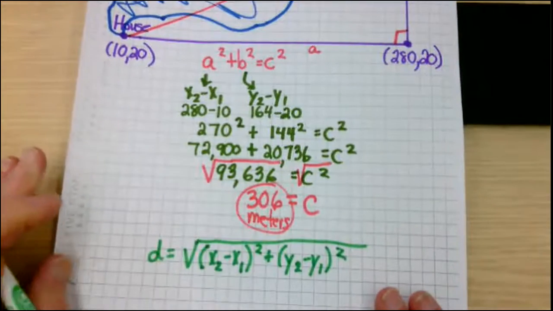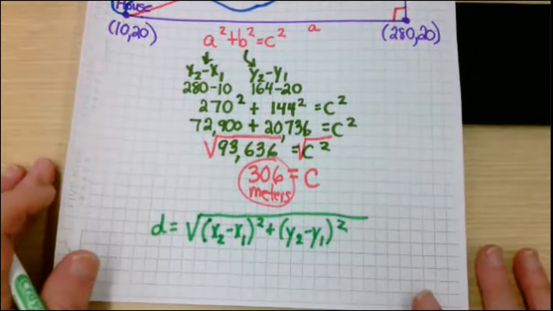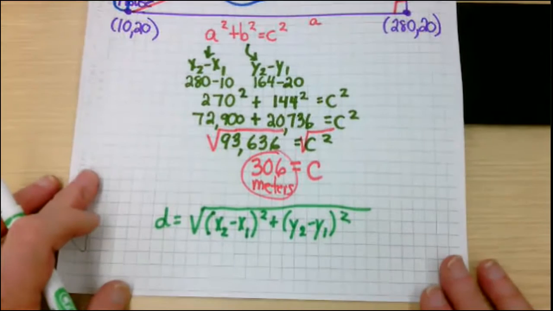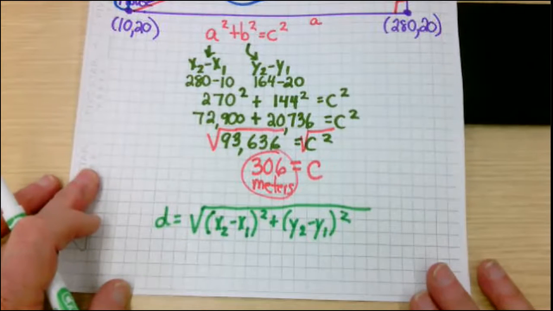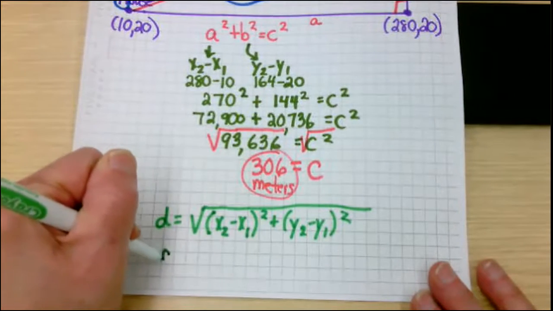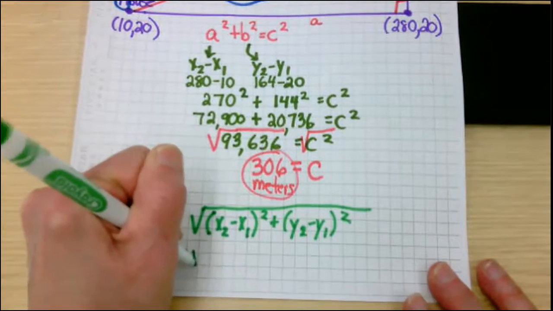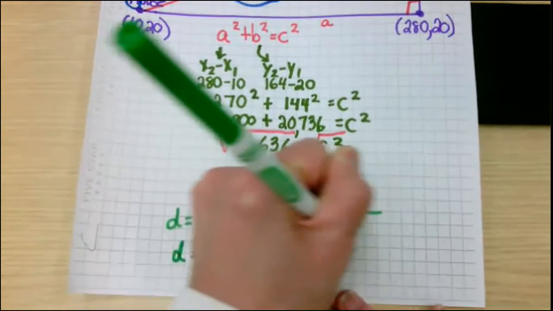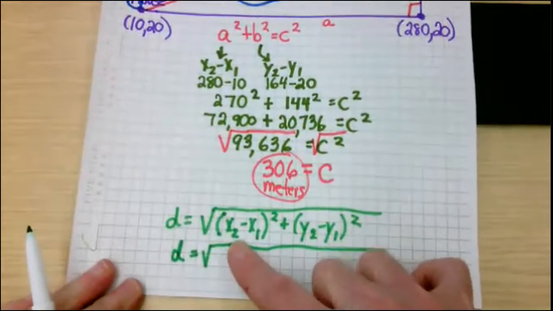It's almost a little bit like the slope formula, kind of, in a way. A little different, but kind of got the x's and the y's similar. So now let's plug in our numbers that we know. You might find this easier than using the Pythagorean theorem. D is equal to the square root of x2.